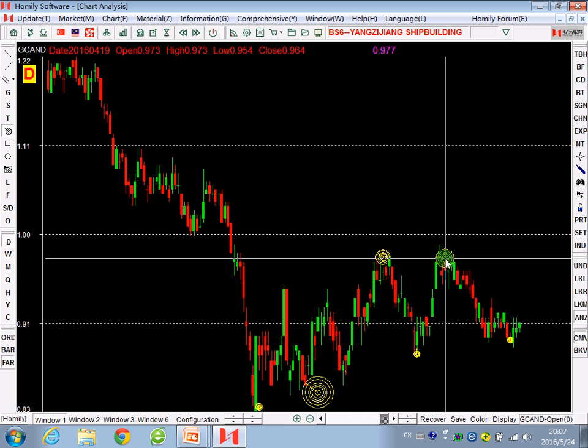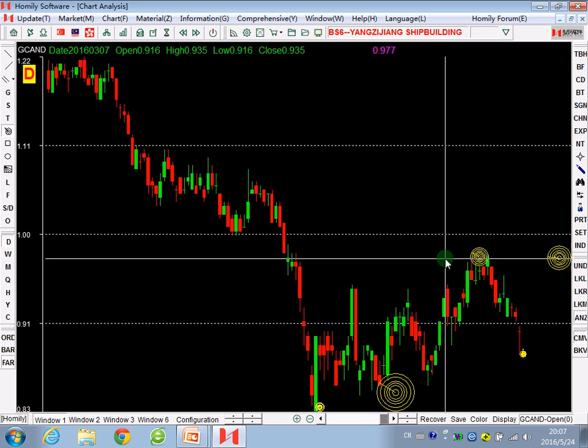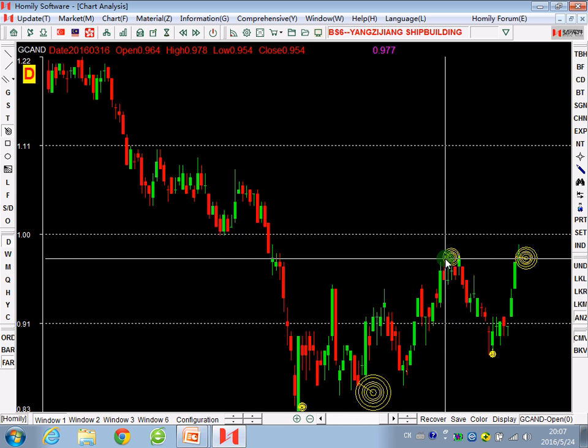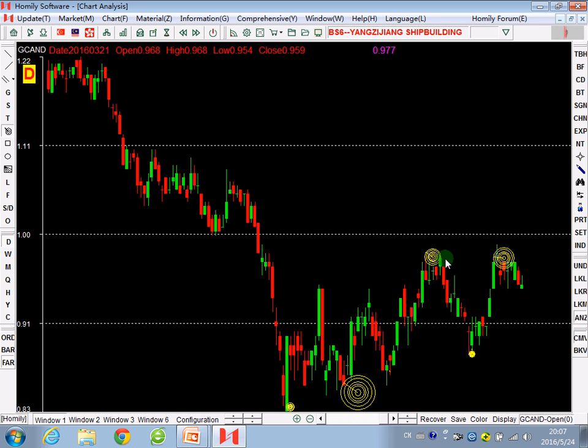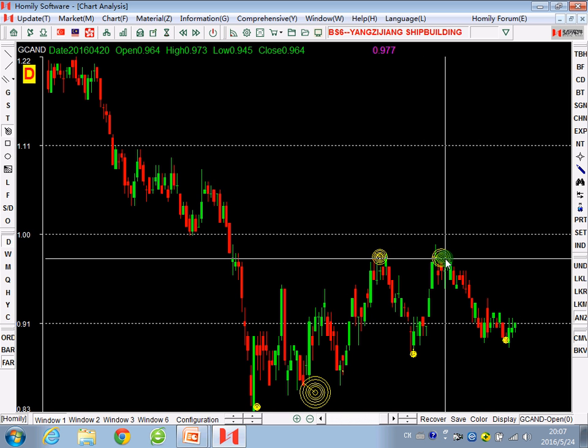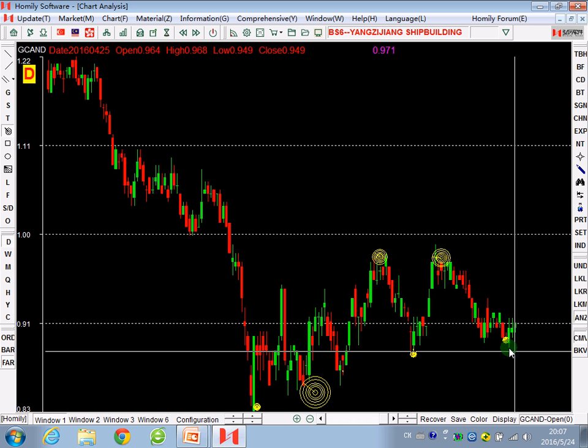Sideways, right? Okay. So when you see here, the price just touched the previous high point but didn't break out, you'd better sell first. Okay? Then if the price touched this support, maybe you can get in again. If you see the stock is sideways, you'd better buy low, sell high. Okay? So this is the stock.